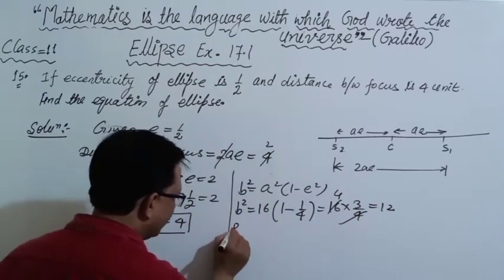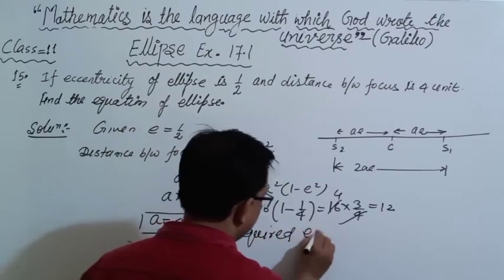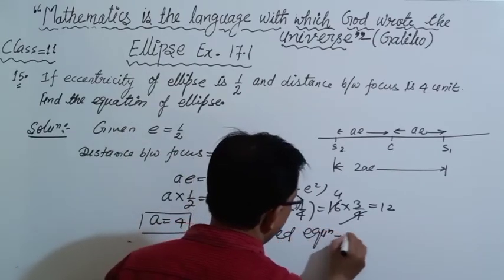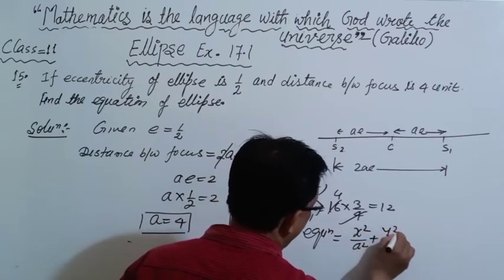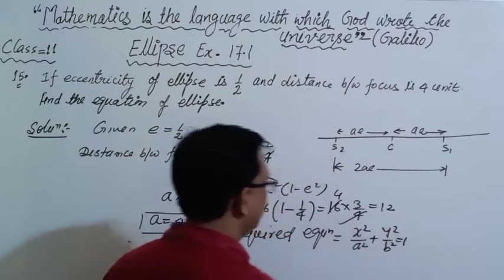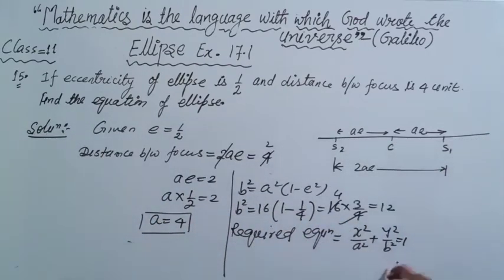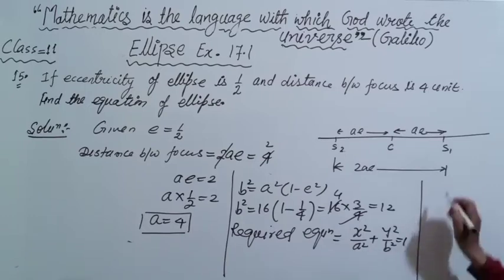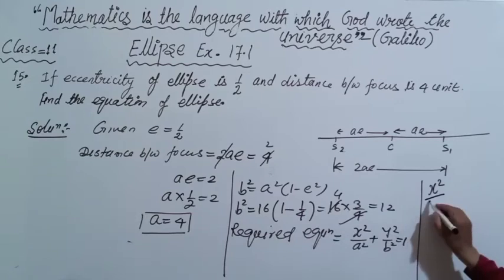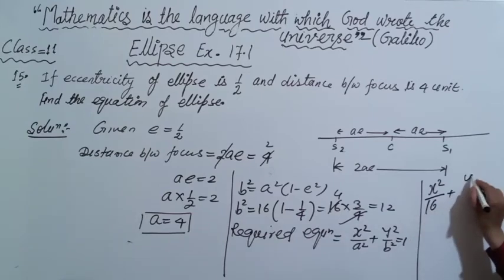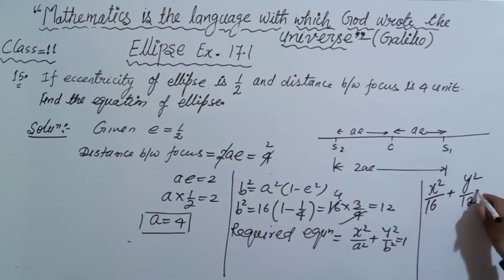So the required equation is x square upon a square plus y square upon b square is equal to 1. Now student, here we substitute the values of a square and b square, and we get our final equation. x square upon 16, the value of a is 4 and its square is 16, plus y square upon b square, which is 12, is equal to 1.